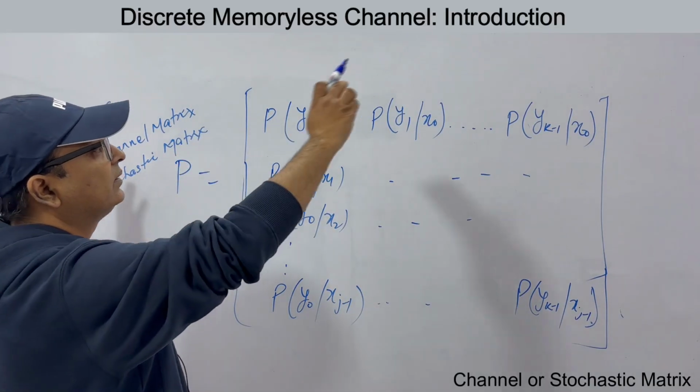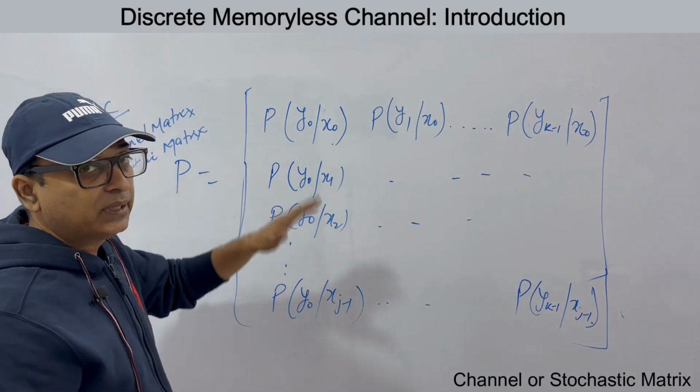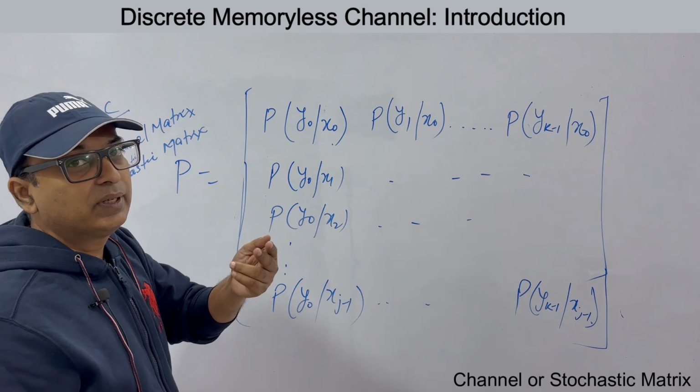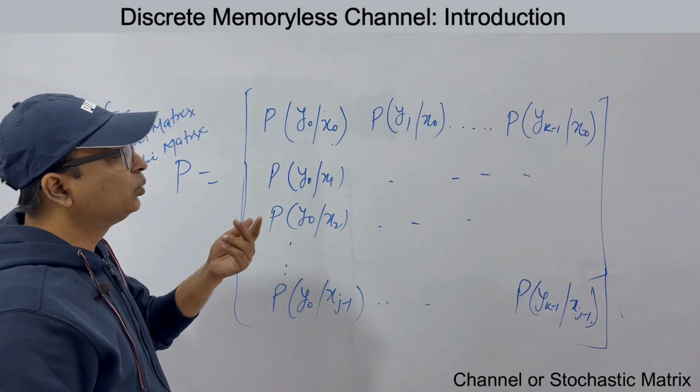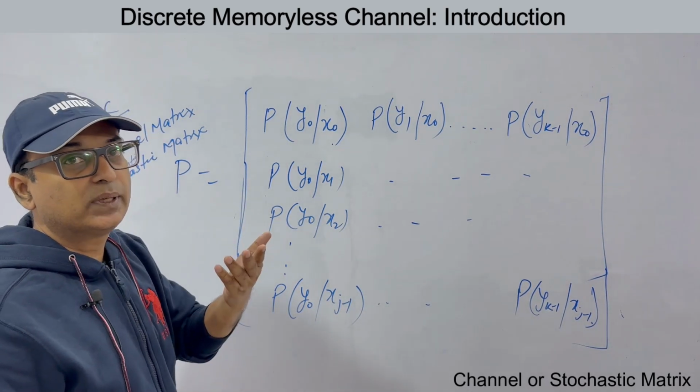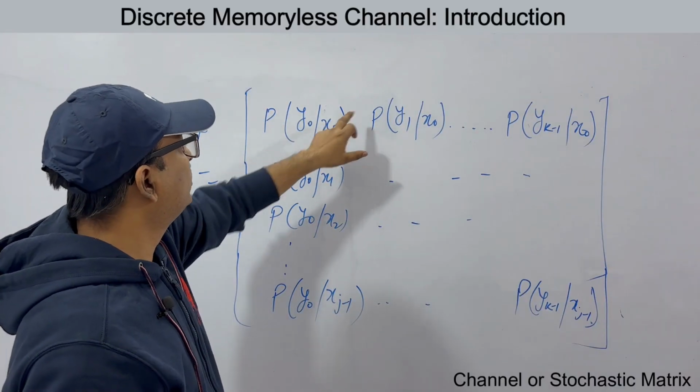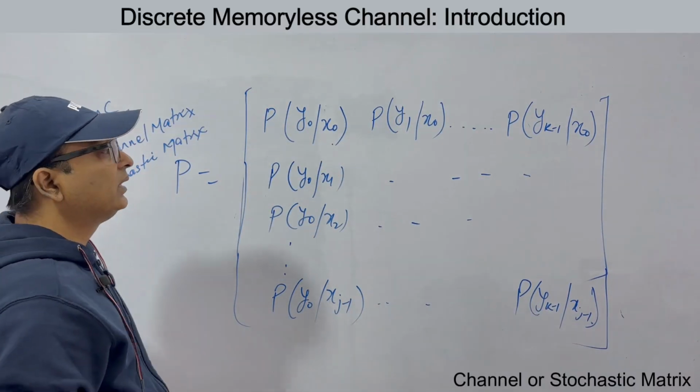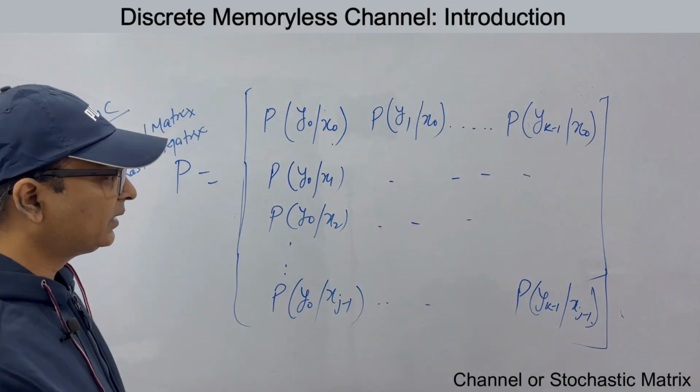So for this we have this J by K matrix. If we have binary, we'll have 2 by 2 because there are 2 inputs and 2 outputs only, 0 and 1. So this is a generalized form of that matrix.